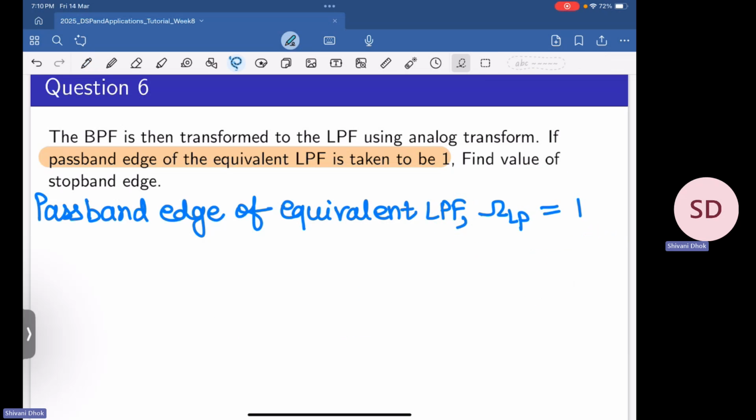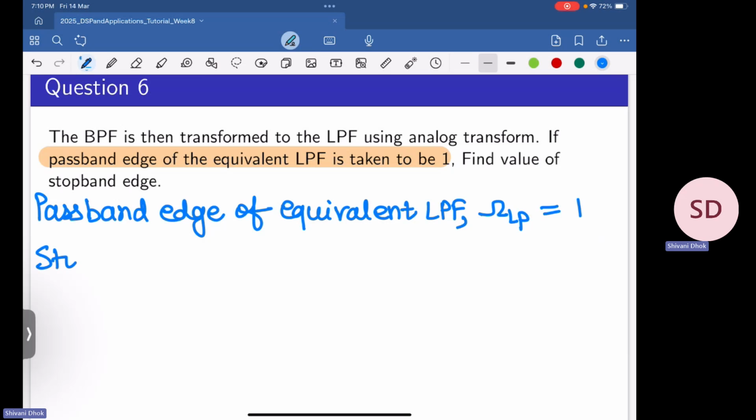Now here, let me make this notation clear. This L here stands for the equivalent low pass filter, and this P here stands for pass band edge. Now they are asking us to find the value of stop band edge.